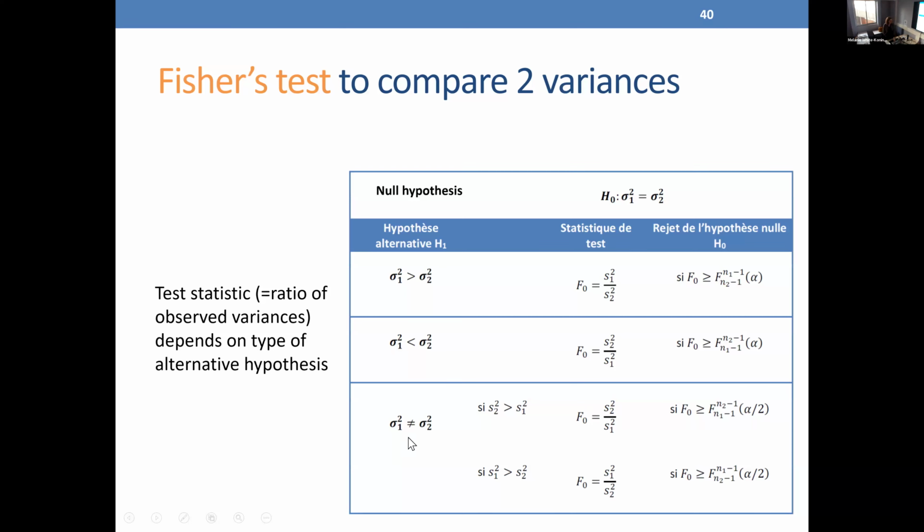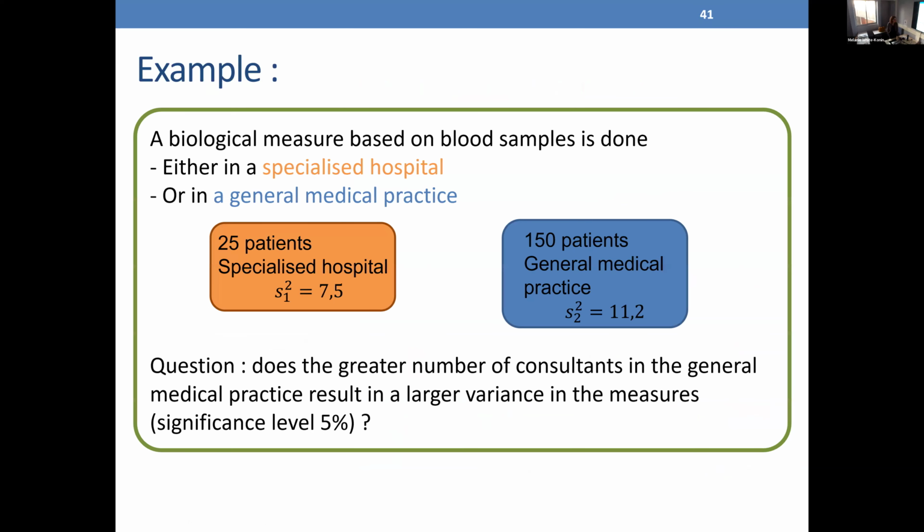And if it's a bilateral, two-sided alternative hypothesis, then you look at the observed variances, and you put the biggest one on top, okay? S2 is bigger, so you put it on top. S1 is bigger, so you put it on top. And in fact, here you see that you're also putting it in the same order, with the supposed larger variance on top. So the test statistic is always the ratio of the two observed variances, but you have to look at the alternative hypothesis to know which one you put on top.